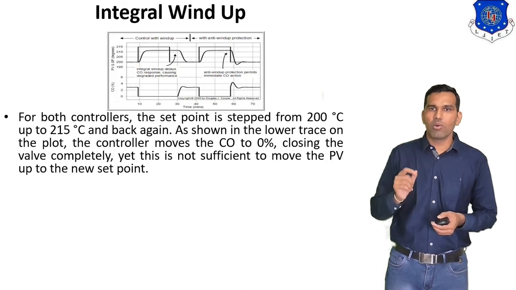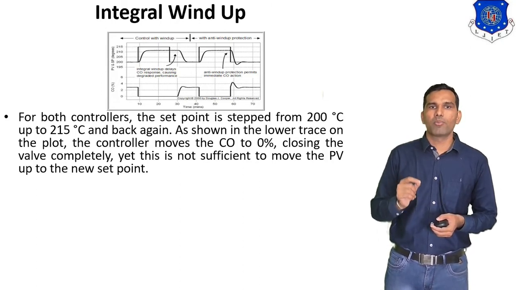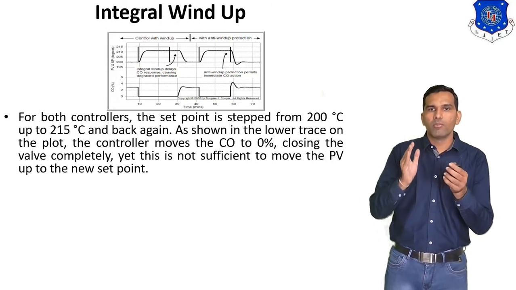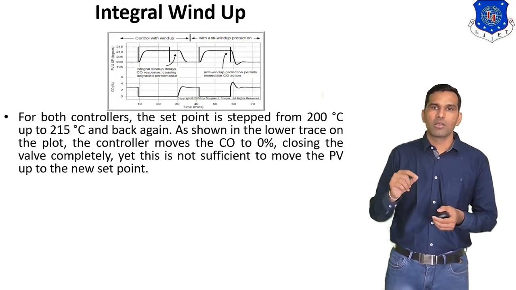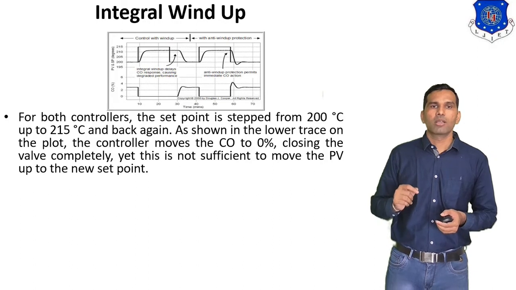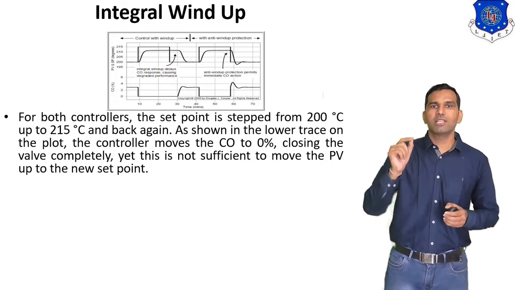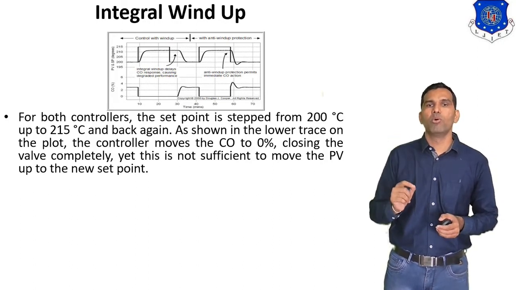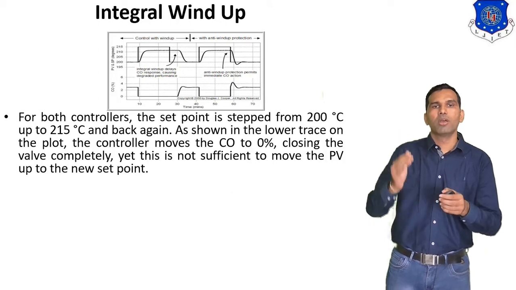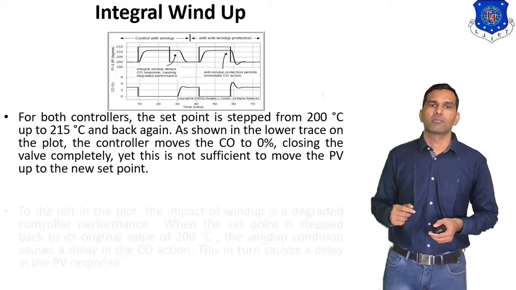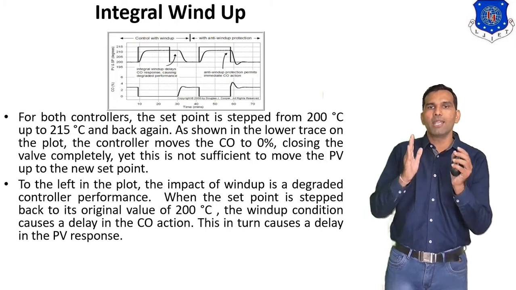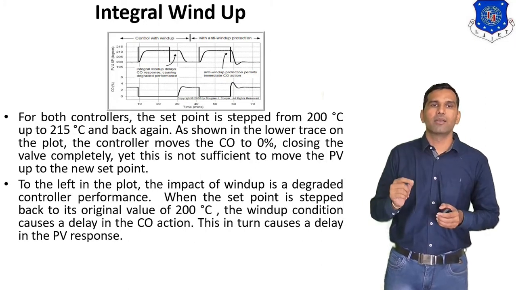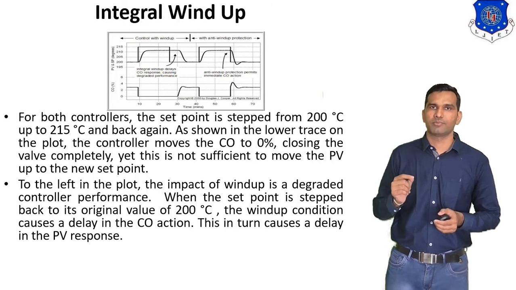As shown in the lower track on the plot, the controller moves the controller output to 0%, closing the valve completely. This is not sufficient to move the PV up to the new set point. To the left in the plot, the impact of windup is degraded controller performance.